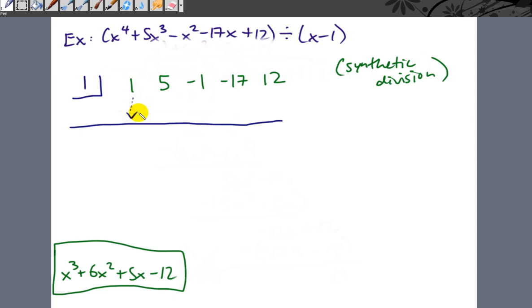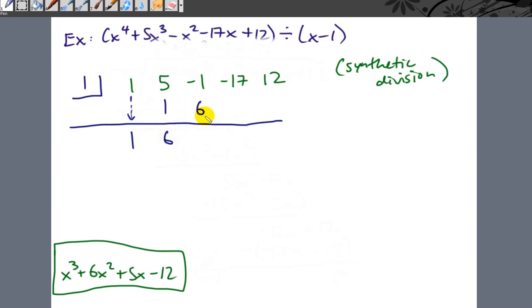So when we do this, as you can see here, this becomes 1. So this comes down, becomes a 1. Then we need to multiply this number by this number. So 1 times 1 is going to be 1. 5 plus 1 is 6. Then we need to multiply this number and that number together.